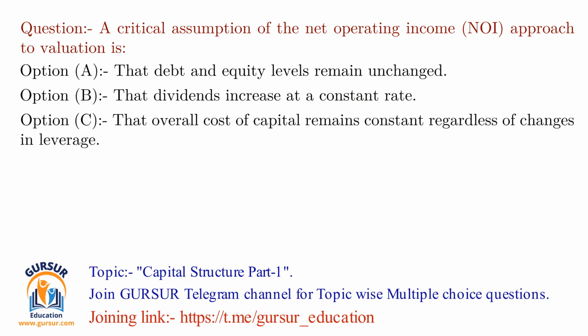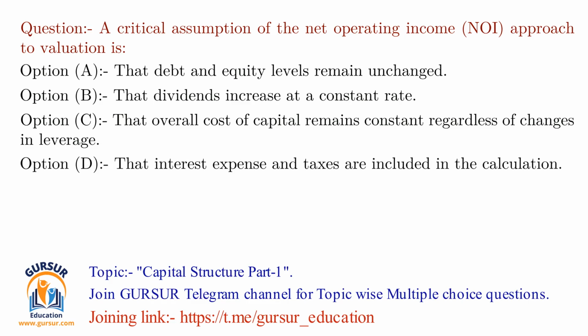Option C, that overall cost of capital remains constant regardless of changes in leverage. And option D, that interest expense and taxes are included in the calculation. And your time starts now.